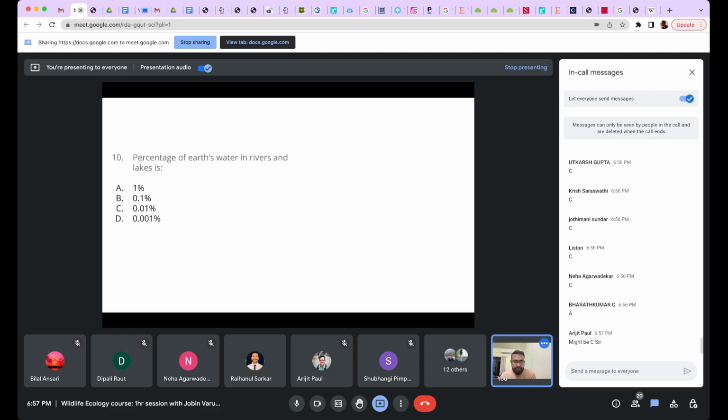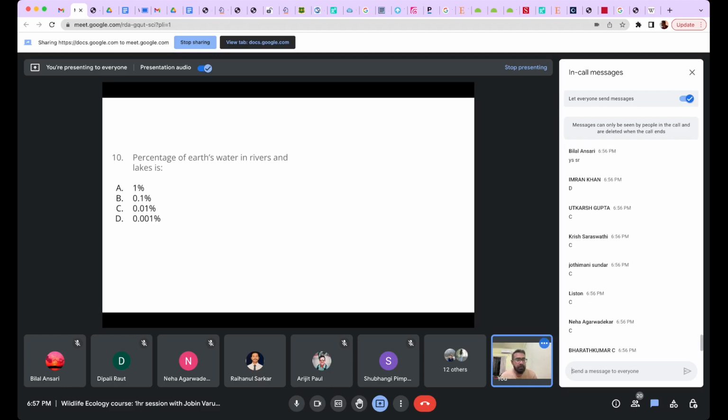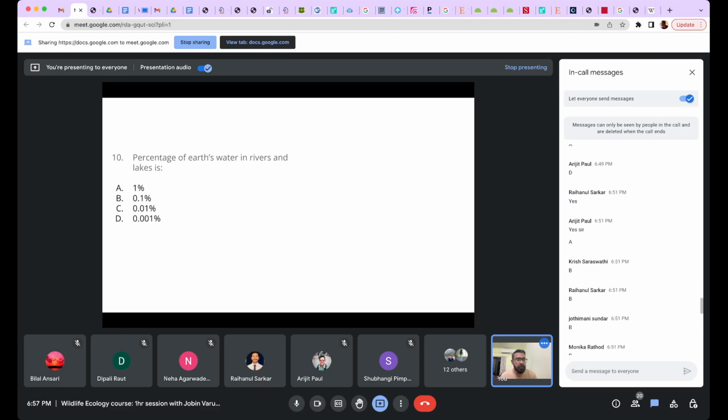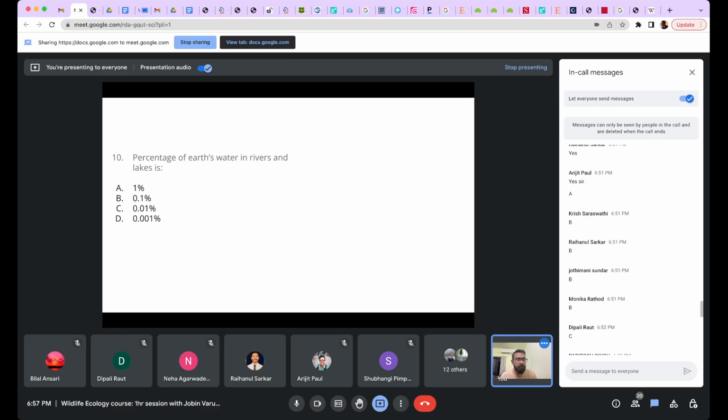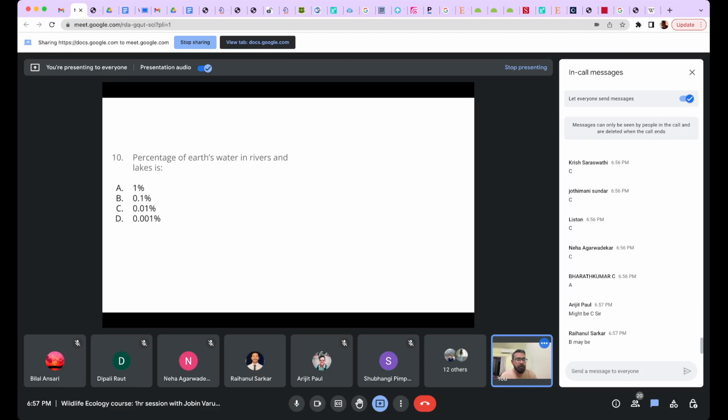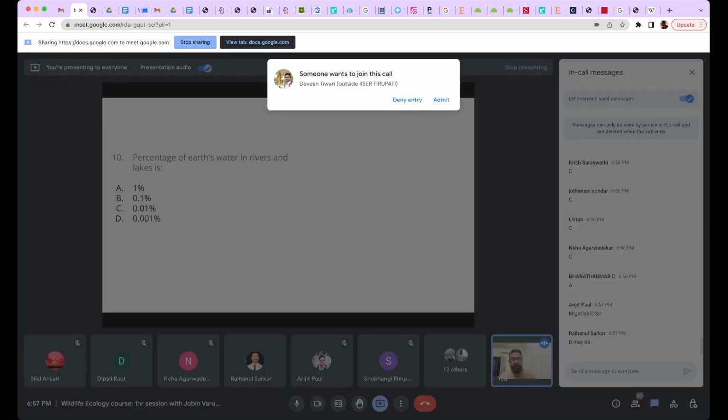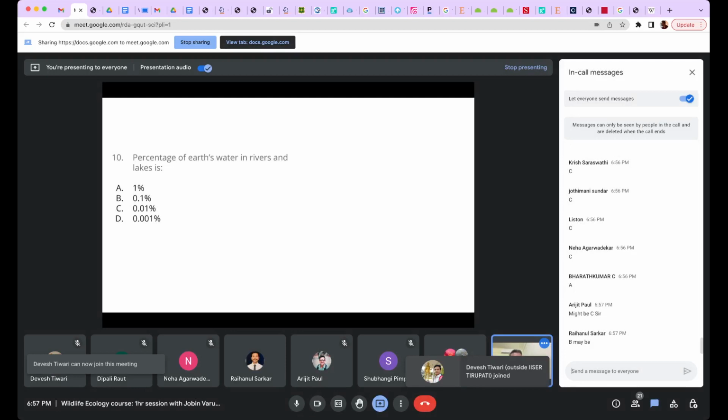Arjit says might be C. Okay. Rehanul says B maybe. Okay.